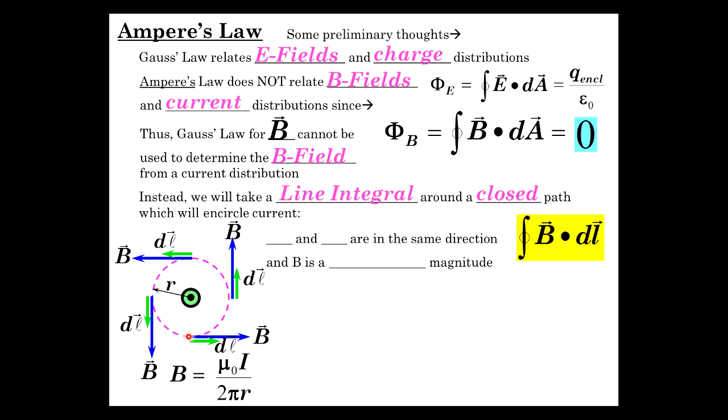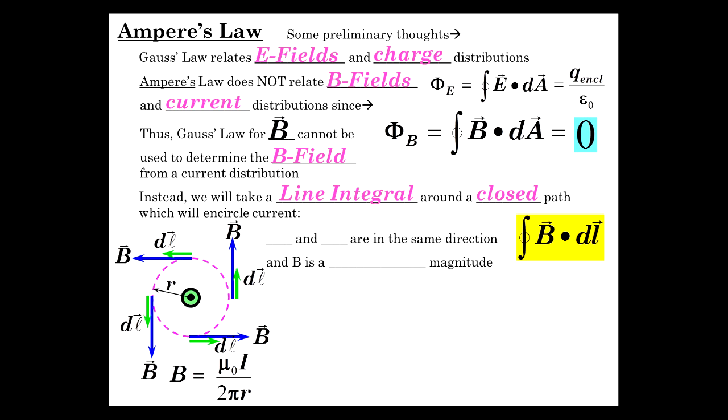If this was a current loop instead, then we found that in the center the magnetic field was mu 0 I over 2a or 2r. So the formula for that situation, different from this, is mu 0 I over 2r, not 2 pi r. Very similar, very easy to conceptually convolute in our minds.